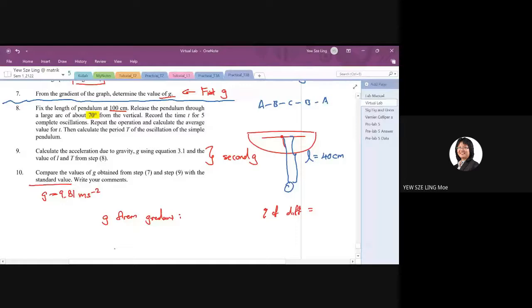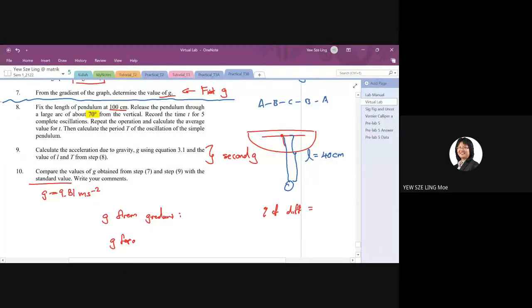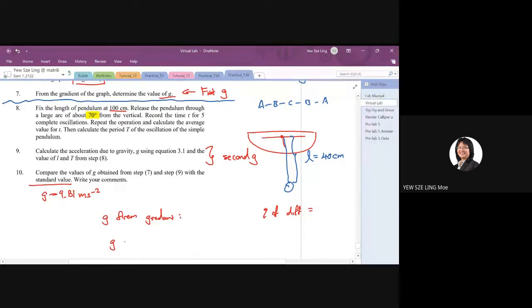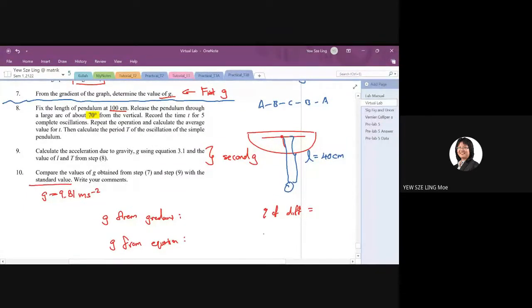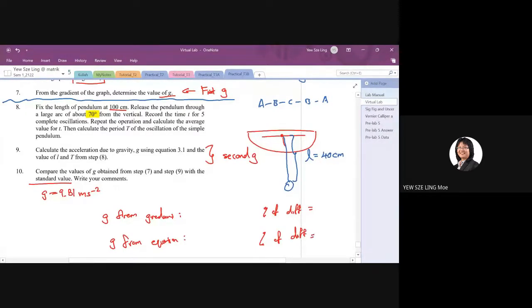And then g from equations, and then you calculate the percentage of difference. So basically it's g for 10 degrees and g for 70 degrees.